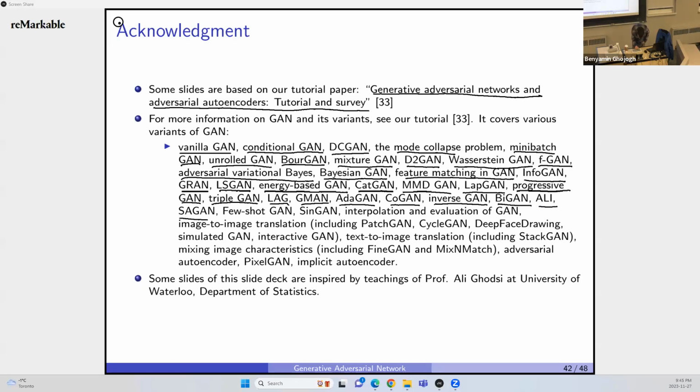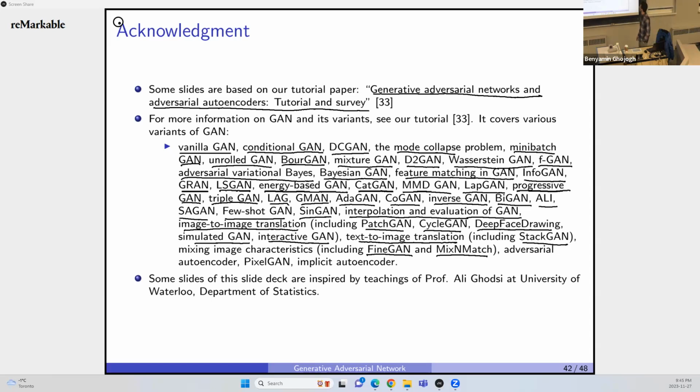Ali, Sagan, few shot GAN. Few shot means you can train it with few samples for training. Scene GAN, interpolation and evaluation of GAN, image to image translation. I showed you some examples of applications such as patch GAN, cycle GAN, deep face drawing, simulated GAN, interactive GAN, text to image translations, including stack GAN, mixing image characteristics, fine GAN, and mix and match, adversarial autoencoder, pixel GAN, and implicit autoencoder.